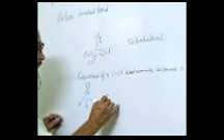I am taking another example. NH3. The structure of NH3 from VSEPR is pyramidal.